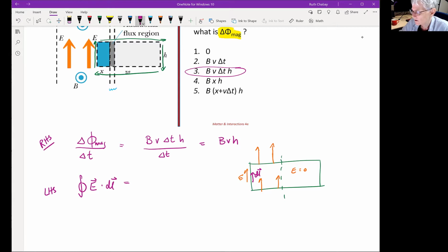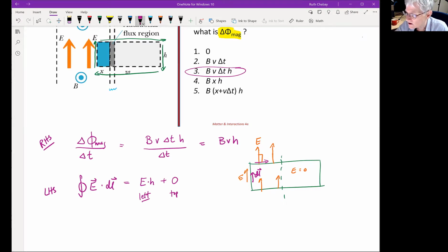On the left-hand side, E and dl are in the same direction, so it's just going to be E times h. So that's the left. Along the top, dl is to the right, but E is up, so we have a 90-degree angle there, so it's 0.